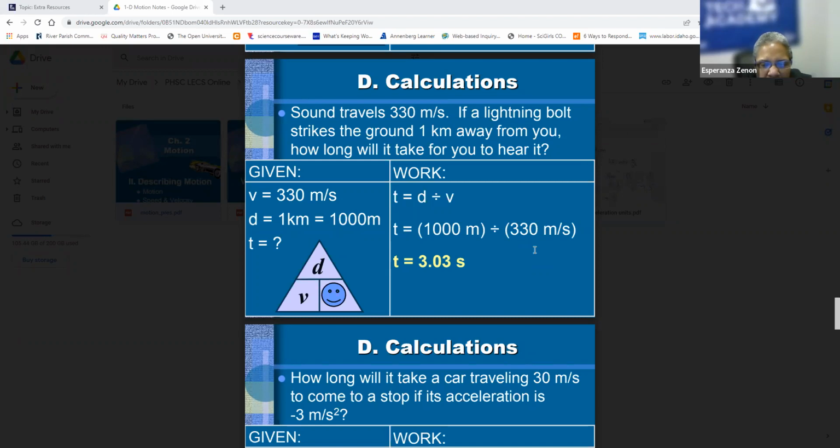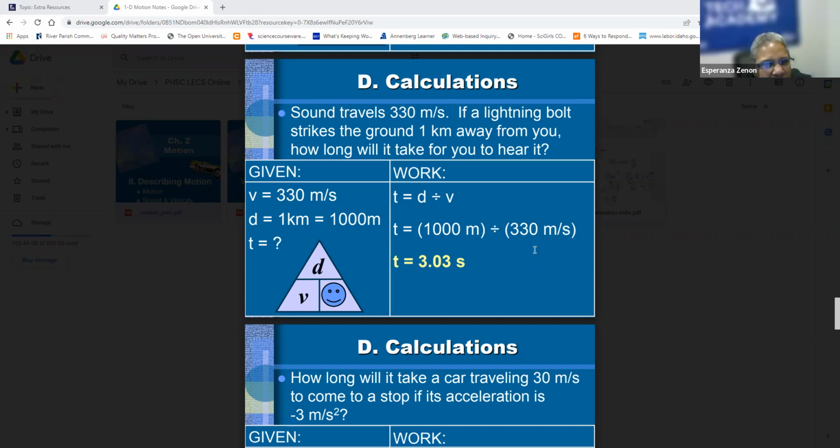But the unit part of it, a lot of times students would tell me the time is 3.03 meters squared per second. And I would ask the question, when did your clock start reading meters squared per second? Nobody has a clock that measures time in meters squared per second.